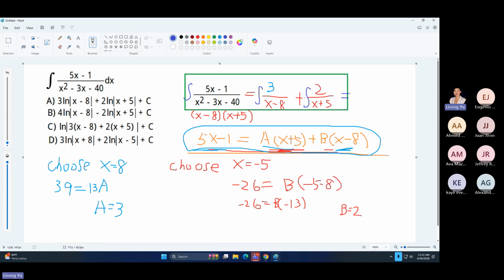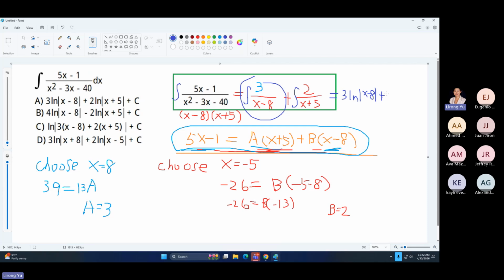For this one, you bring the 3 outside, 3 times the integration of 1 over x minus 8. The antiderivative is natural log of x minus 8, because the derivative of natural log of x minus 8 is 1 over x minus 8. Natural log's derivative is 1 over the inside portion. And then the second one is plus 2 times natural log of x plus 5.